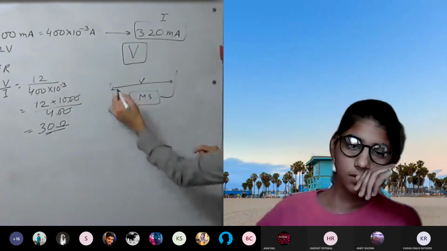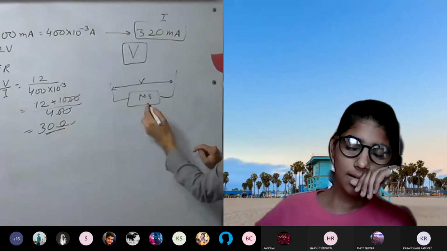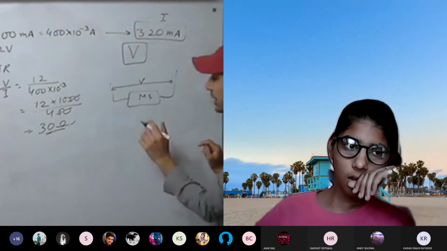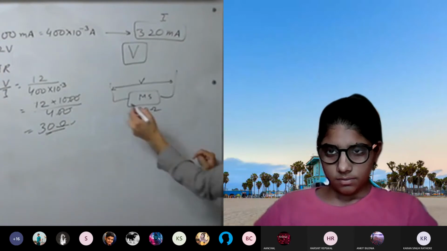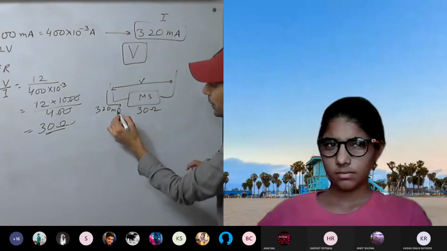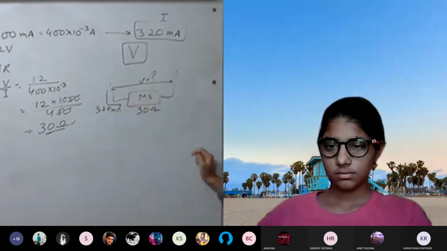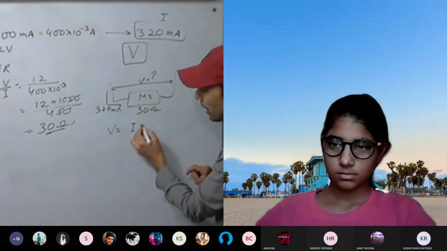So how can we calculate? Earlier the current was flowing this much and the resistance we have calculated. Will the resistance change or remain the same? Resistance will be the same, the load will be the same. Now the current flowing is 320 milliamperes, and this voltage we have to calculate. What is the new voltage? Can we calculate? V equal to IR.